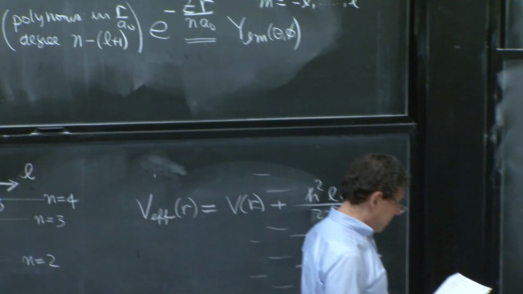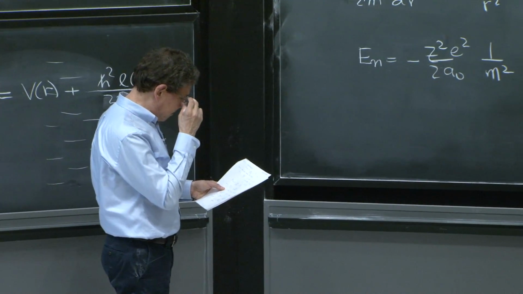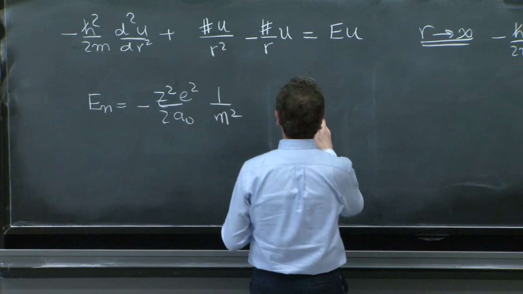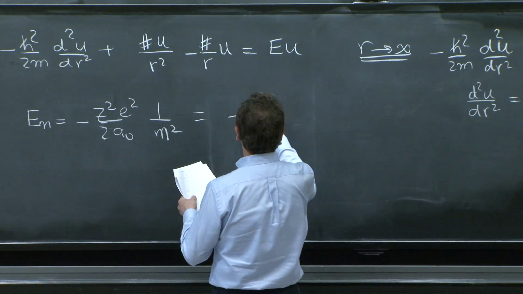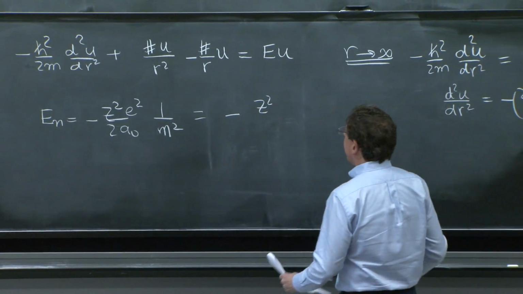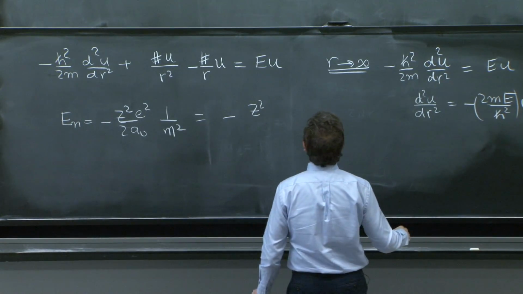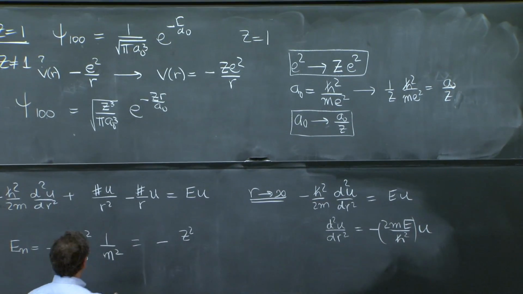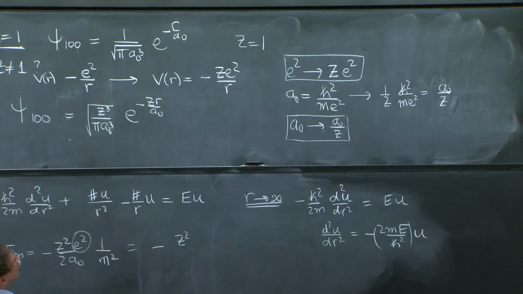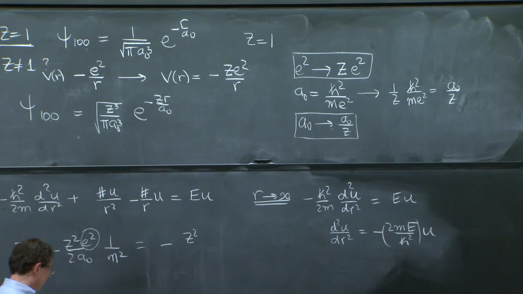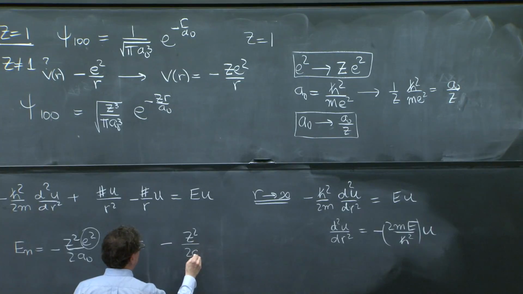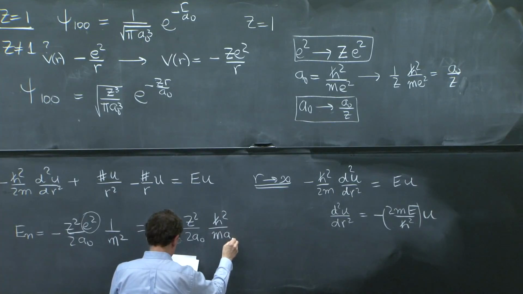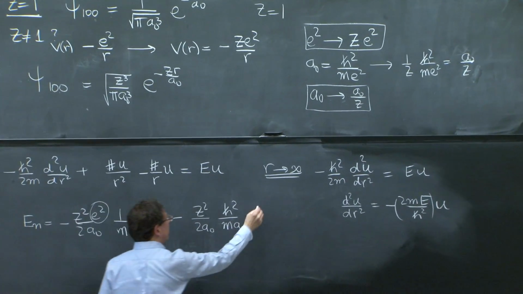And I can change this thing into minus z squared, recalling what's the value of the fine structure constant. I can replace e squared from a naught to get the following thing, over 2a naught times h squared over m a naught times 1 over n squared.